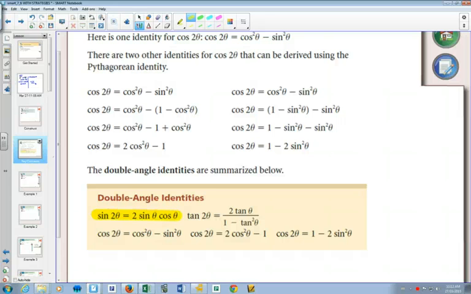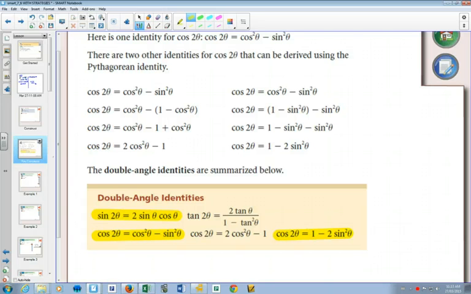You could use the same strategy to prove this one, that cos 2 theta is cos squared minus sine squared. And because cos squared is 1 minus sine squared, if I replace this cos squared with 1 minus sine squared and combine like terms, I would get that one.